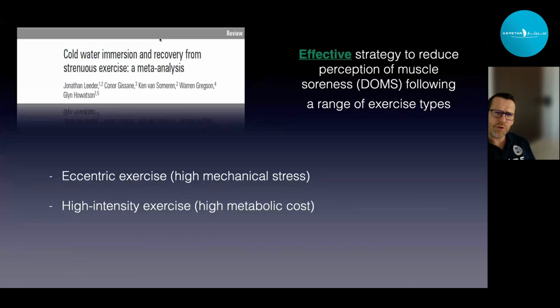But I think where we probably do start to see, certainly in the case of more systemic markers, or let's call it clinical markers of inflammation, in this case DOMS or delayed onset muscle soreness, one of the most consistent responses we see in the literature is that when you apply cooling or cold water immersion following damaging exercise, be it eccentric exercise or high intensity exercise, different kinds of exercise, what we consistently see is that cold water immersion will reduce DOMS.